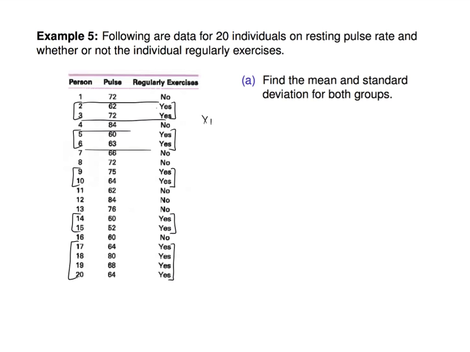So x1 bar is going to equal 62 plus 72 plus 60 plus 63 plus 75, 64, 60, 52, 64, random person with a resting heart rate of 80, holy moly, 68 and 64, divided by 12.